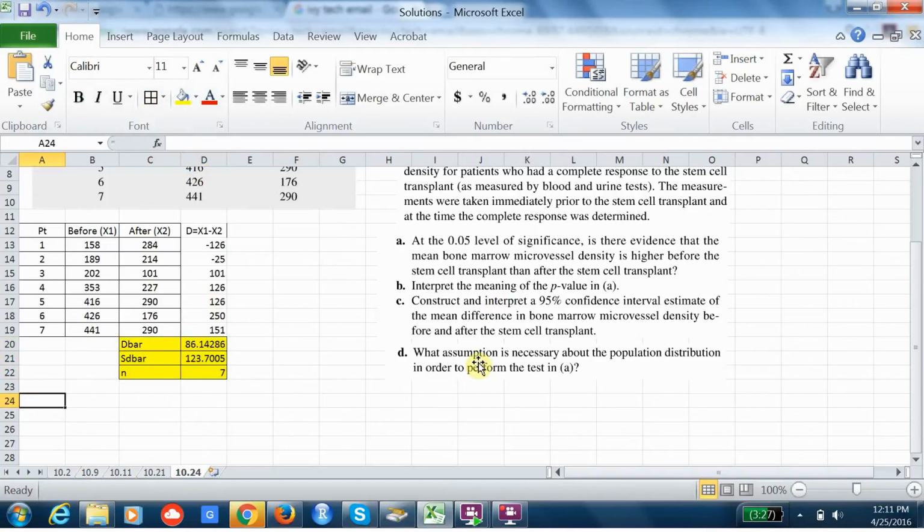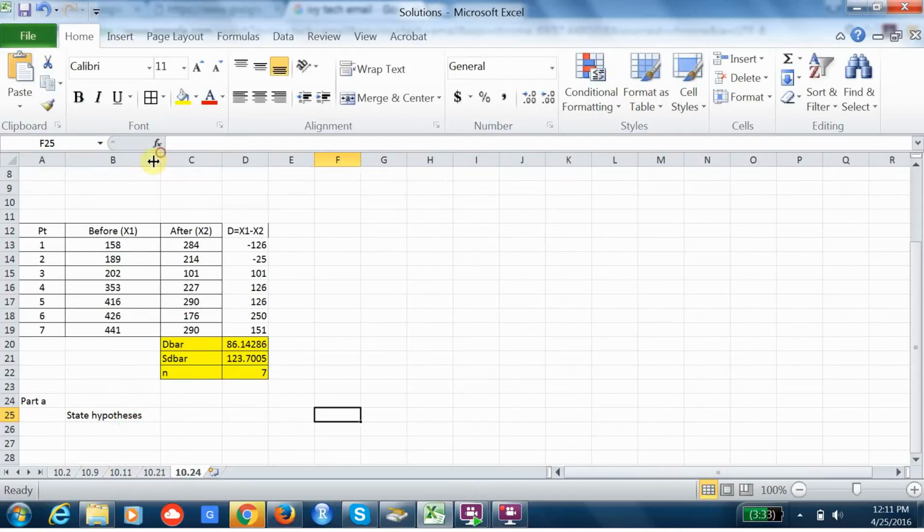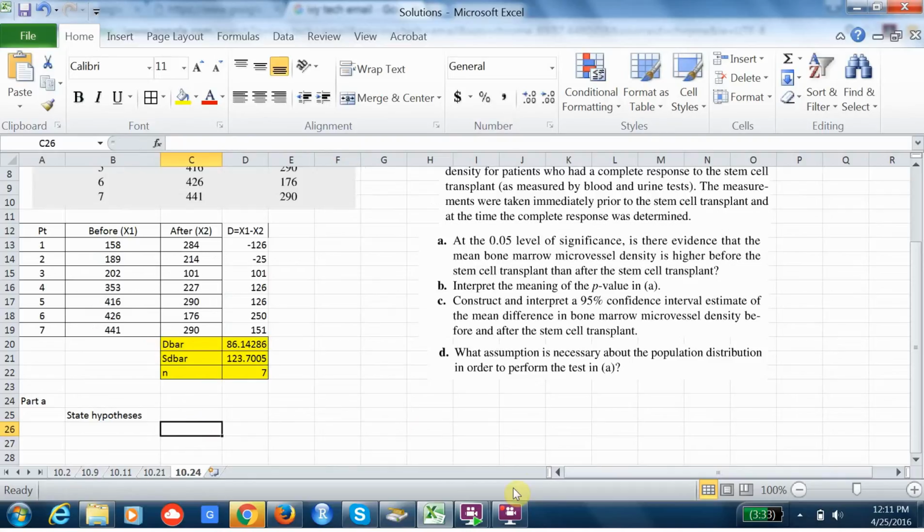Okay, let's go ahead and do the hypothesis test. So the first thing we have to do is state our hypotheses. Make this a little bit bigger. So the null hypothesis, since we're doing a one-tailed test, is that mu of d is less than or equal to 0.